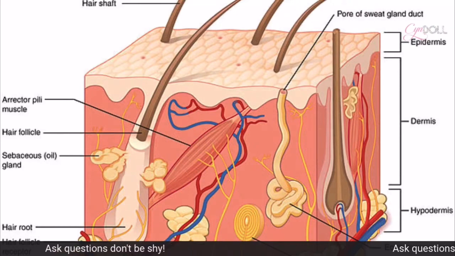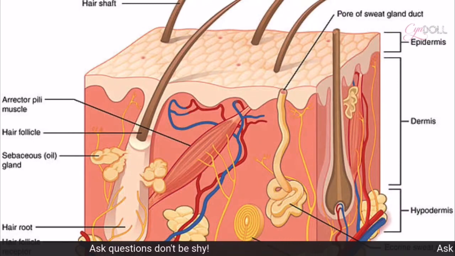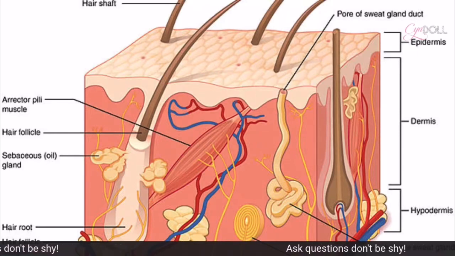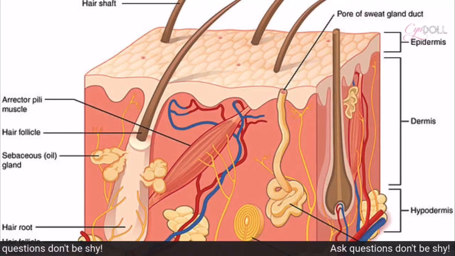The catagen phase of the hair growth cycle is the phase where this blood supply detaches itself from the hair follicle. And then once it detaches itself, it rests for the telogen phase, it stays there for a minute, and then it falls out.